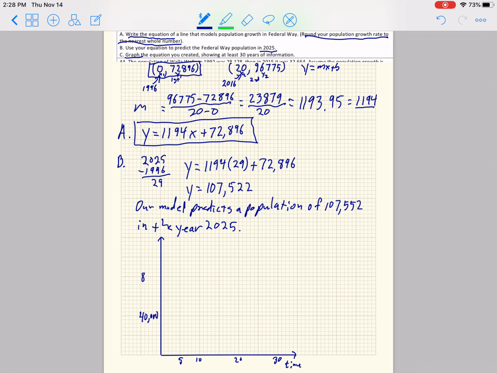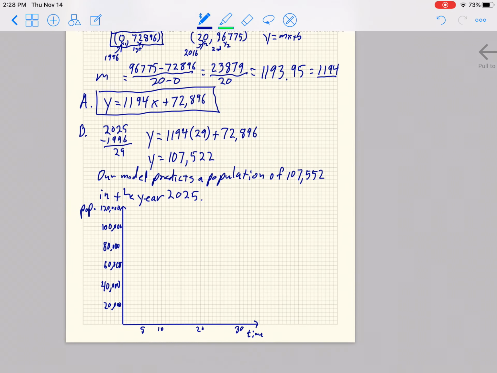This will be 80,000. This will be 120,000. So halfway here would be 20,000 and 60,000 here and 100,000 here. So this is my population.